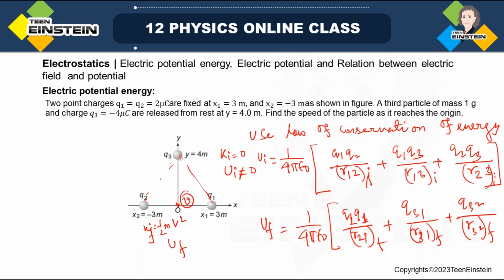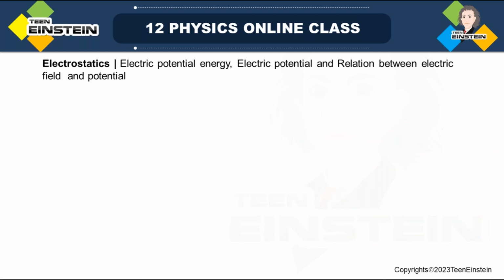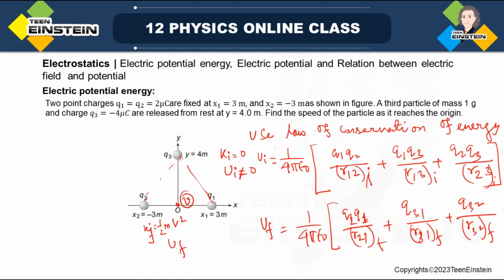If we go ahead with the calculation part, see, Q1 and Q2 are 2 microcoulomb and Q3 is 4 microcoulomb.